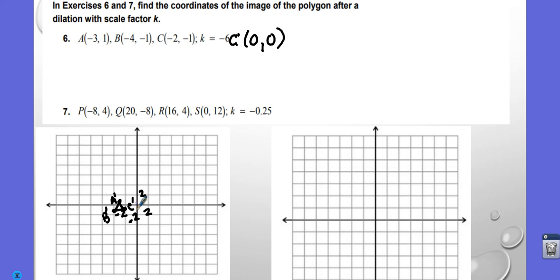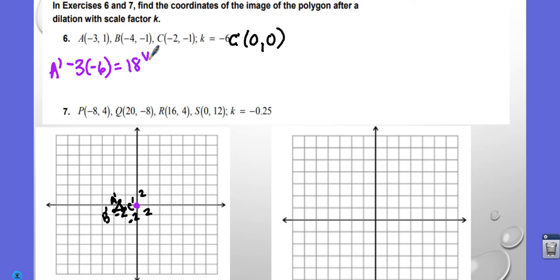Okay, now from my center of dilation, which is right here, I need to count to see what my vertical and horizontal component is going to be. So this is going to be 3 to the left. So I'm going to say -3 times the scale factor, which is -6, and this is to help me get A prime, which is 18.